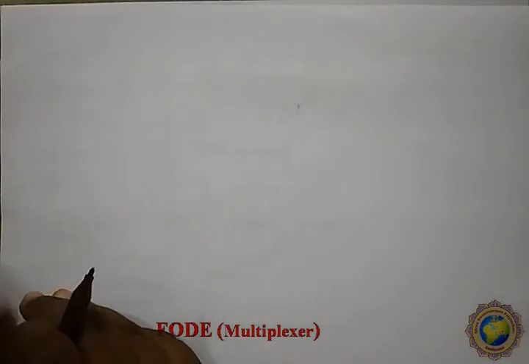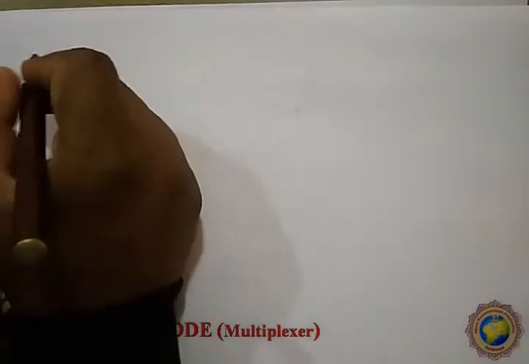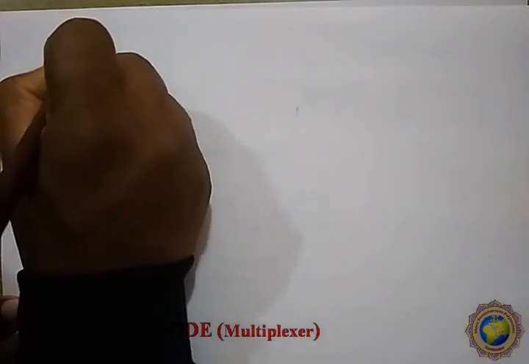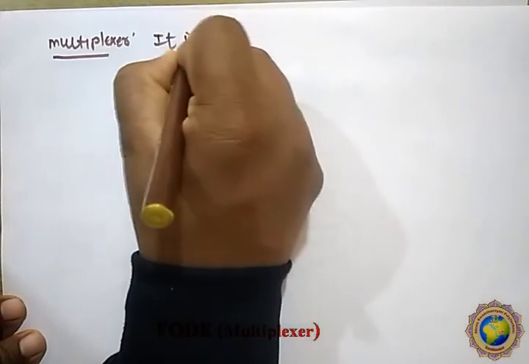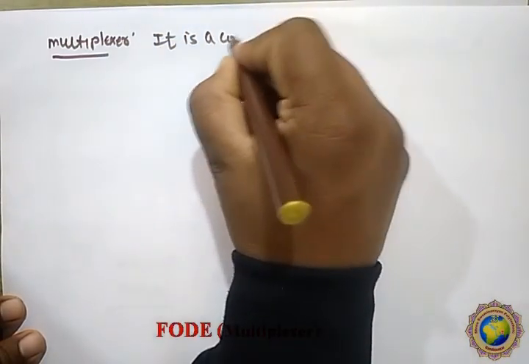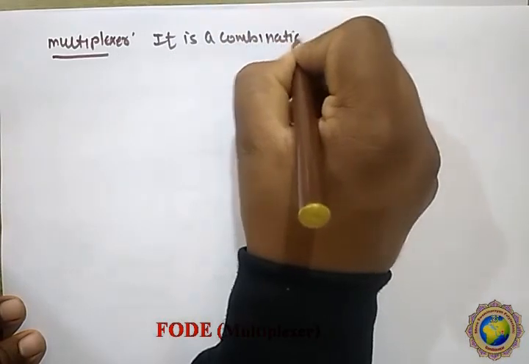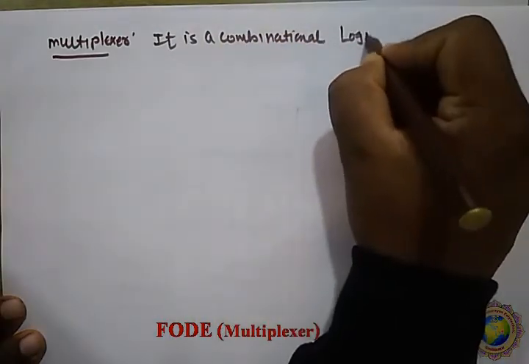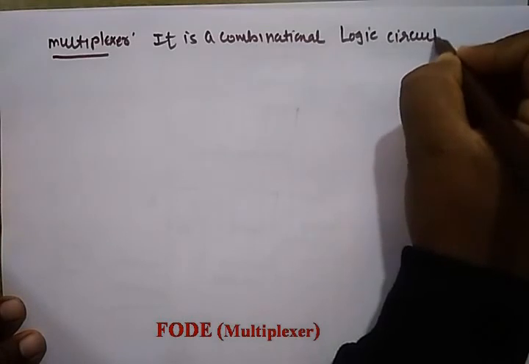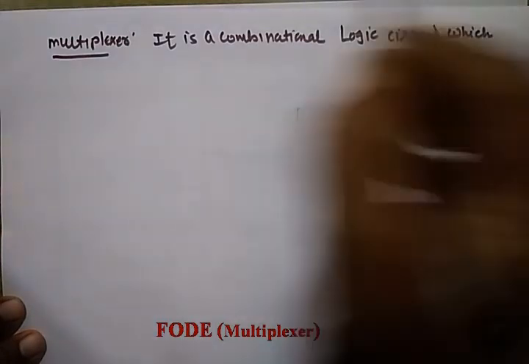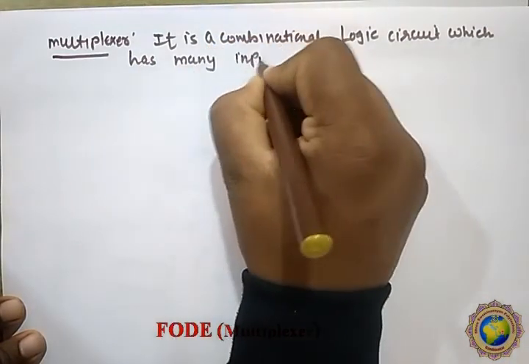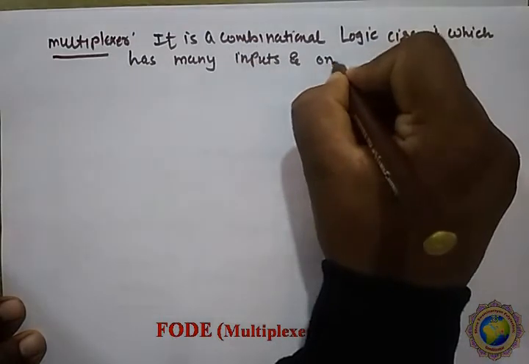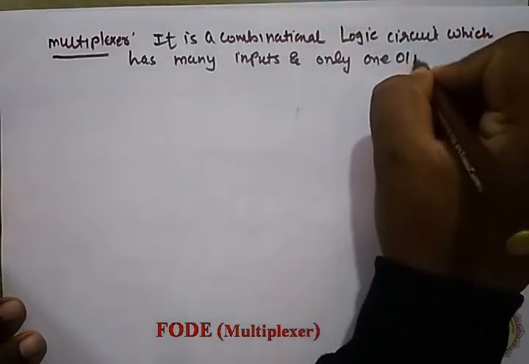Now we will study about its definition. આપણે એના ડેફિનેશન વિશે જોઈશું. તો what is the multiplexer? તમારે આ રીતે લખવાનું છે કે ઇટ ઇઝ અ કોમ્બિનેશનલ લોજિક સર્કિટ which has many inputs and only one output.